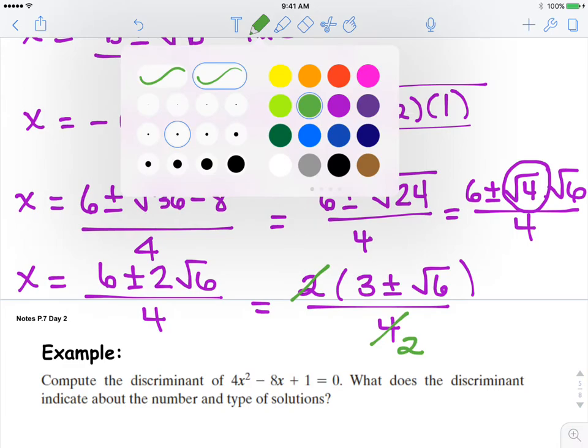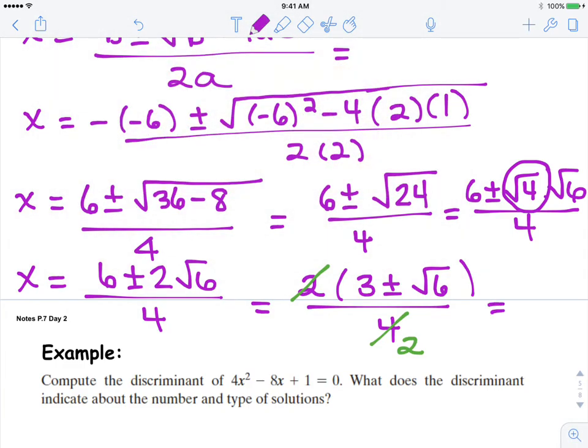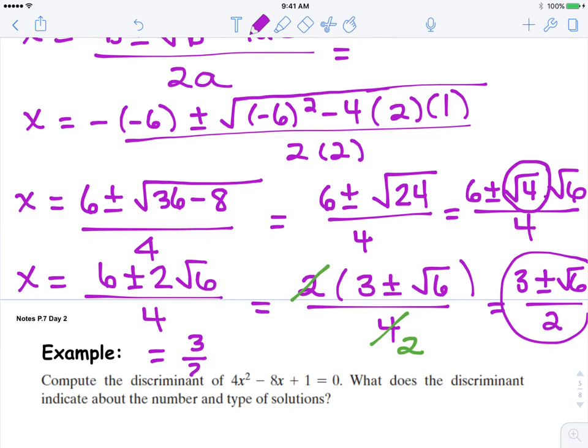So our final answer is 3 plus or minus the square root of 6 over 2. You're welcome to leave the answer like that, or you can split it up as 3 over 2 plus or minus the square root of 6 over 2, or two separate answers. It doesn't matter.